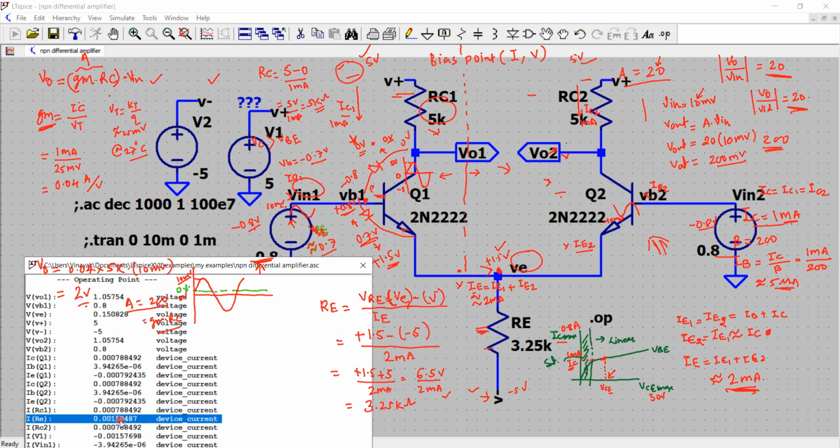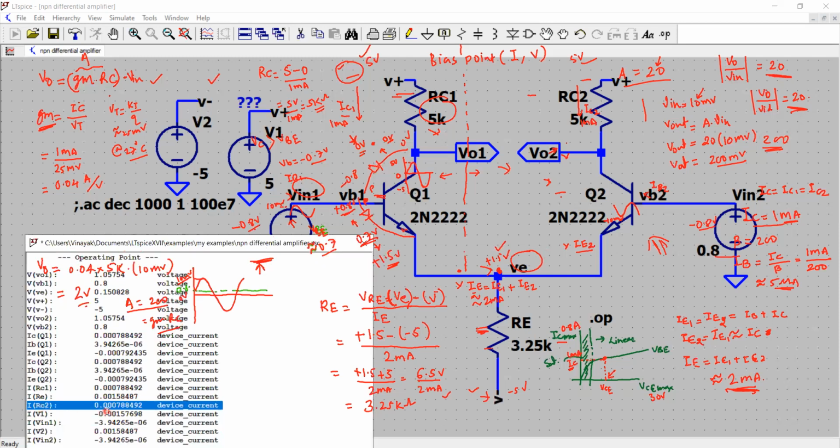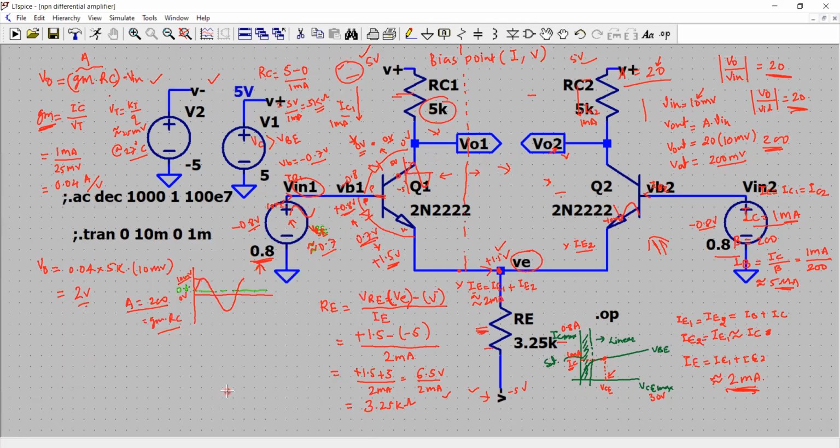So it's close. There is no drastic change. So it is matching. You just need to tune the values of the resistors in order to match our theory results that we calculated. And then other things are your current through the resistor R2, current through the voltage source V1, current through the voltage source V2, and so on. So I think it's pretty decent.